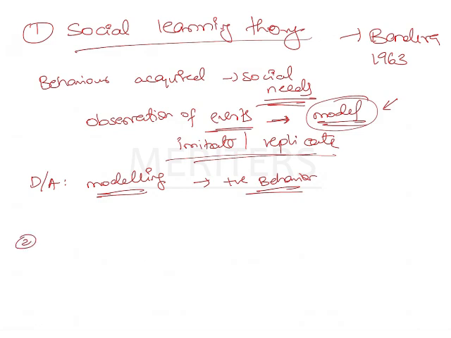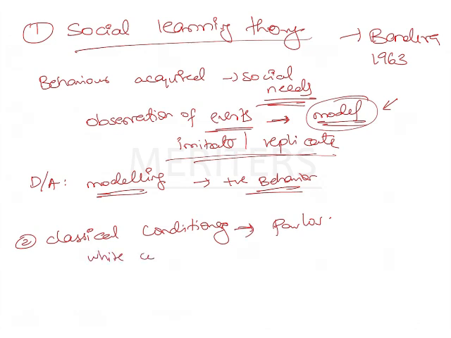The second theory was the classical conditioning theory. The classical conditioning theory is very famous because of Pavlov's experiment with the dog. So this theory helps us to understand the phenomenon of white coat. So what is the white coat phenomenon and what is this theory?